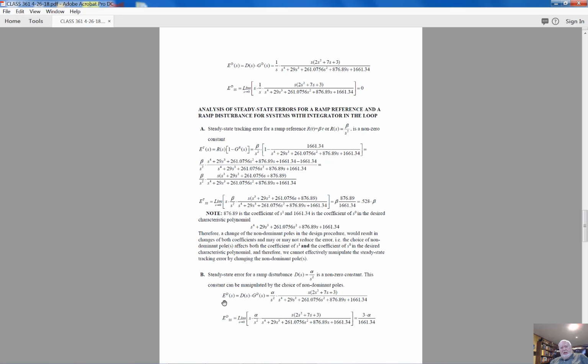So what do we do? Error for disturbance is equal to the system response to this disturbance. It is the Laplace transform of disturbance times the appropriate transfer function. This alpha divided by s squared is the disturbance. This is the transfer function for this disturbance.